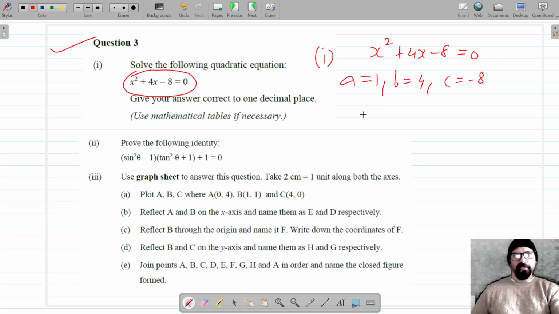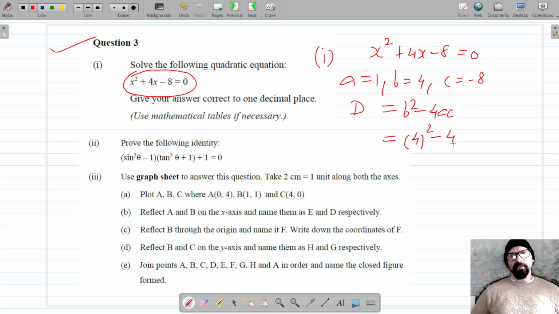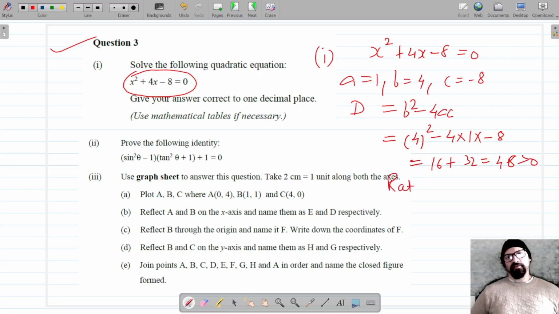So we are going to find D, the discriminant, which is b square minus 4ac. B is 4 square minus 4 into A, 1, into C, negative 8. So this is 16 plus 32, which gives me 48. So 48 is greater than 0, so roots are real and distinct.